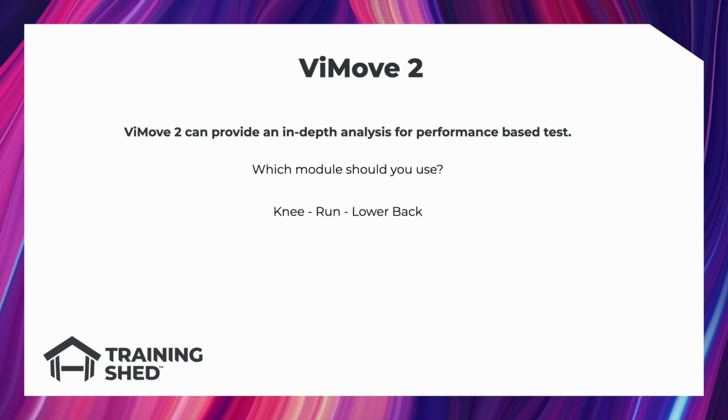But it's not going to give me the information I need in the test that I want to do. So surprise, surprise, if I want to do a functional alignment test, I can squat, single leg squat. If I want to do weighted squats, if I want to look at some jumps, I'm going to look at the knee module, because that's what the knee module does.